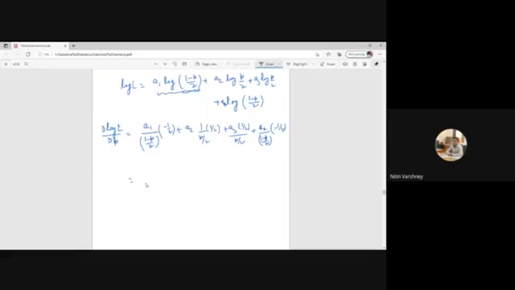So now this 2 will cancel out. We will remain with minus a1 upon (1 minus p), plus a2 upon p, plus a3 upon p, minus a4 upon (1 minus p).